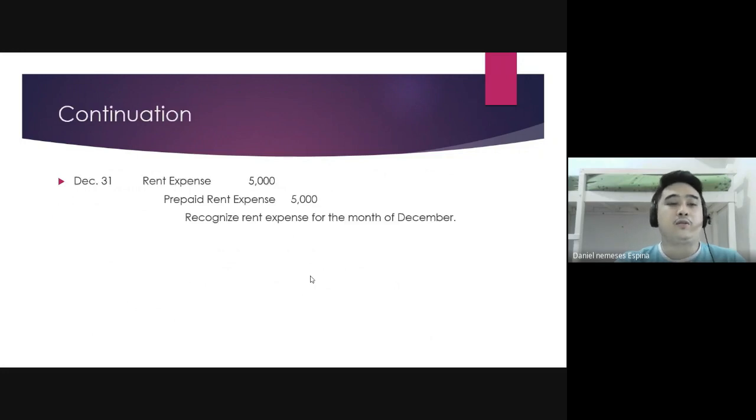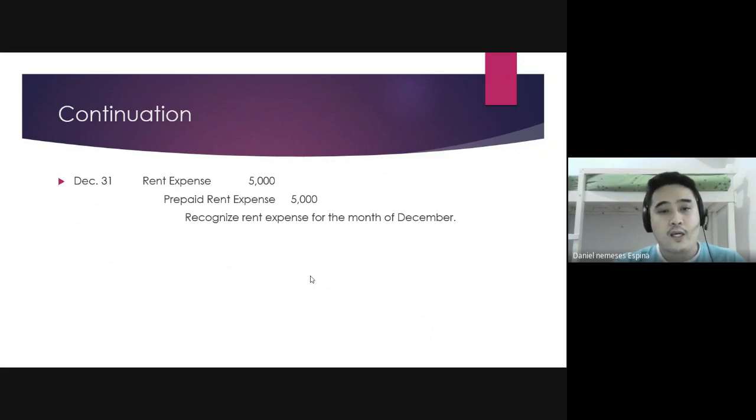And for the last month, December 31, your 2 months advance is already fully recognized. So debit na ka og rent expense, then credit ka prepaid rent expense for 5,000.